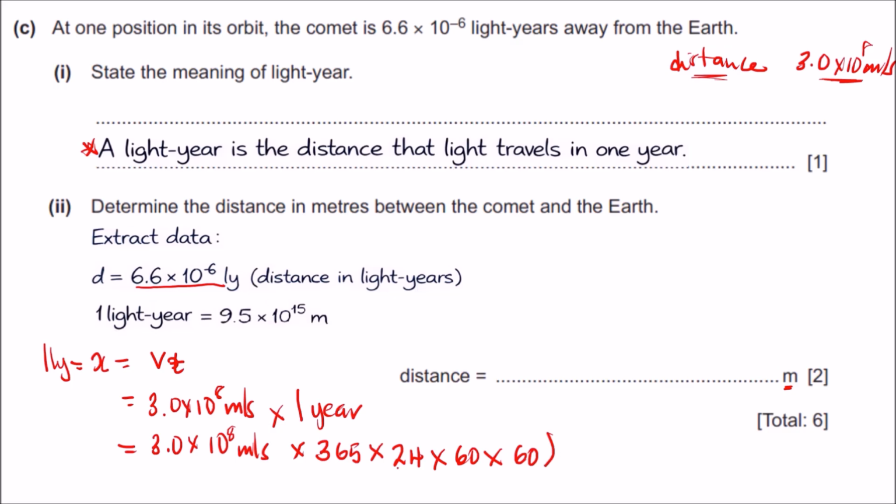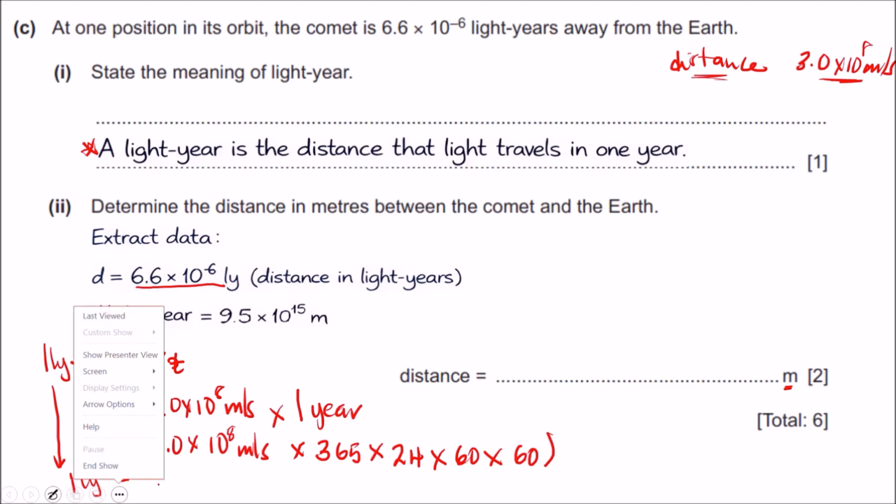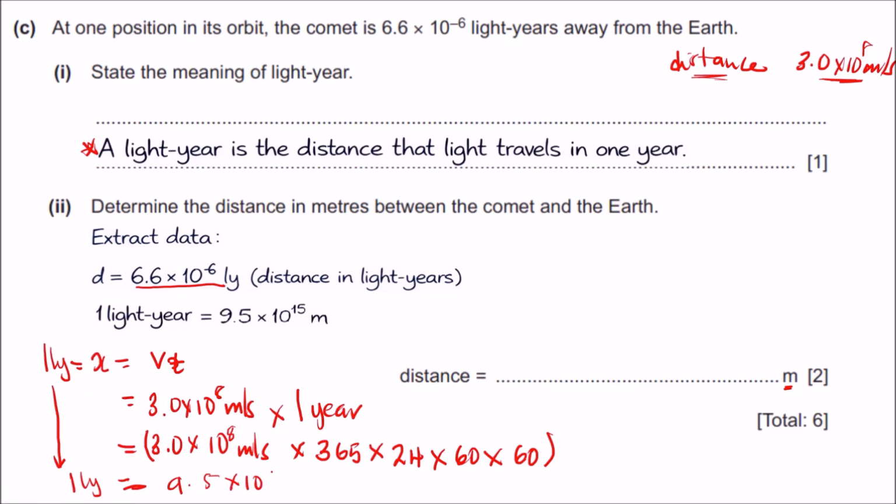So this is the time we call 1 light year. So we can safely say 1 light year is equal to 9.5 times 10 to the power 15 meters from this product. Take note, your time must be in seconds because the speed of light is in meters per second.